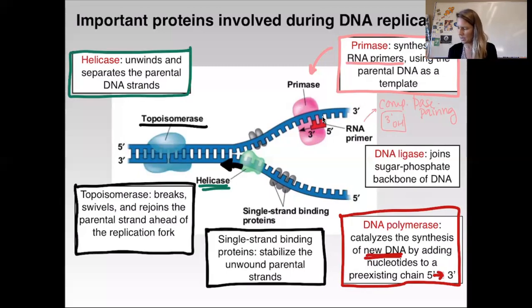And then last but not least, we have DNA ligase, which is also not shown here, which joins the sugar phosphate backbone. All right, and I'll show you what that does when we draw this out. But DNA ligase is going to be really important for, in particular, that sugar phosphate backbone.